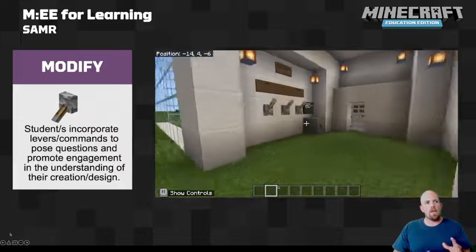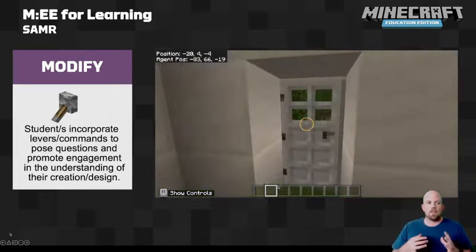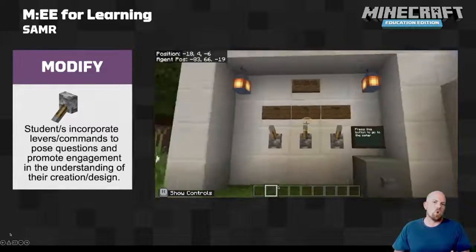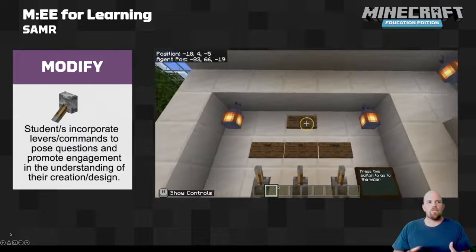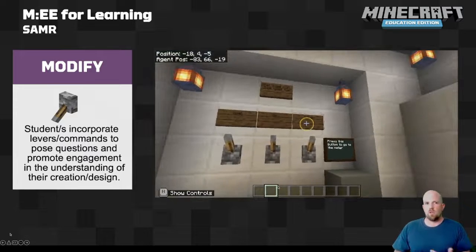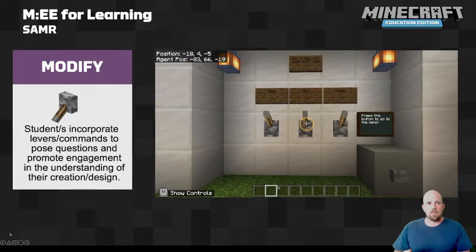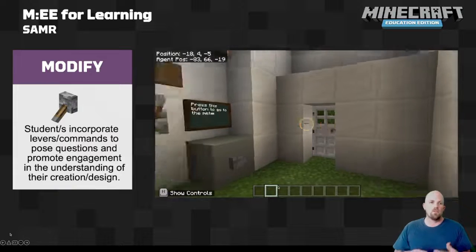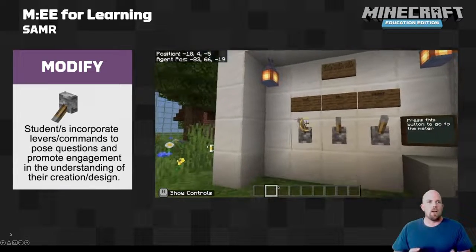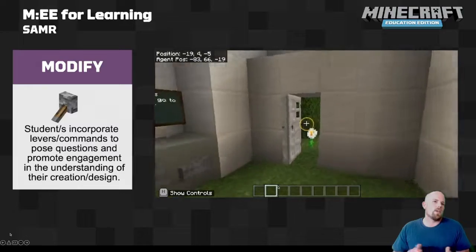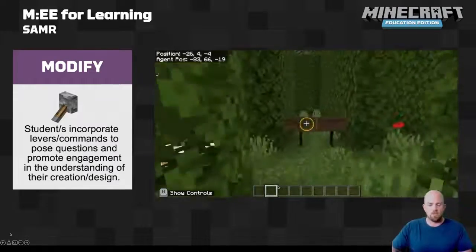For this one, they have some levers running, so they can't open or access this door until we've read this question about fossil fuels and chosen the correct answer. That way the technology is bringing the topic and the idea to life, and it's really modifying the way we can interact with what we've learned.